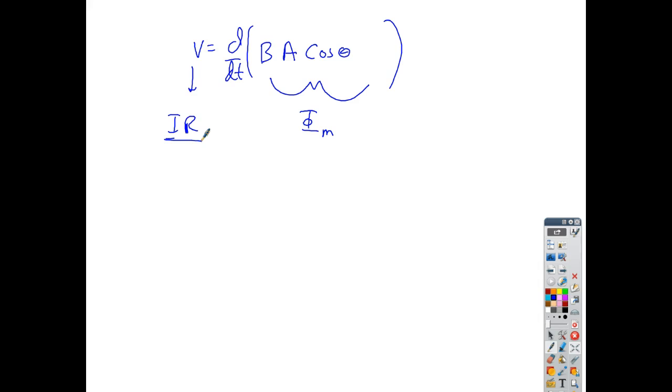You change the magnetic field. Change the magnetic field going through a loop, that creates potential. If you change the direction of the magnetic field, or the loop, either one, turn a loop inside a magnetic field, you're going to create current.